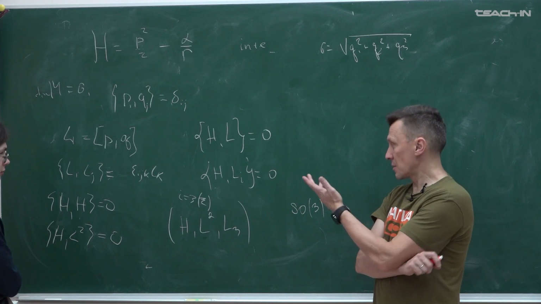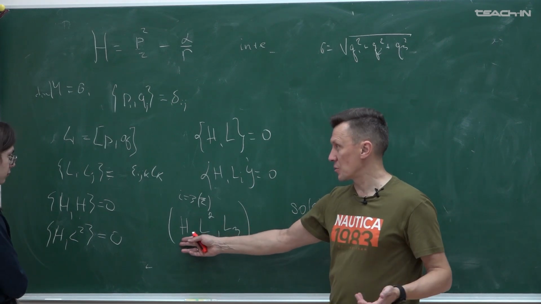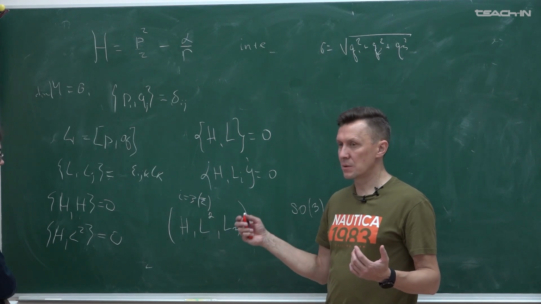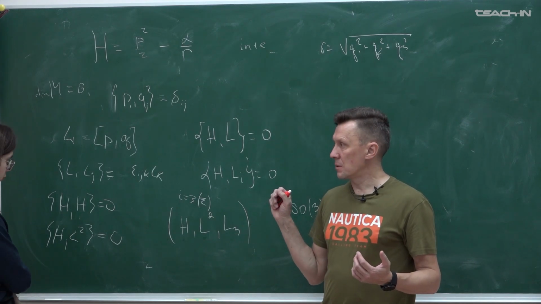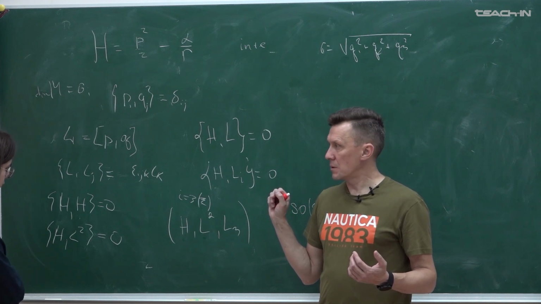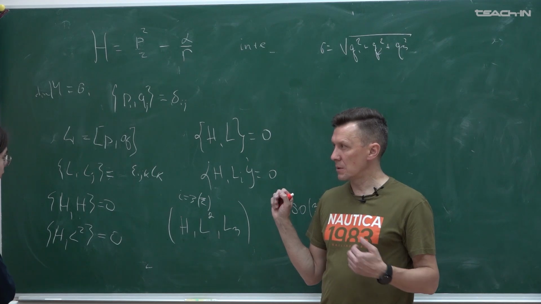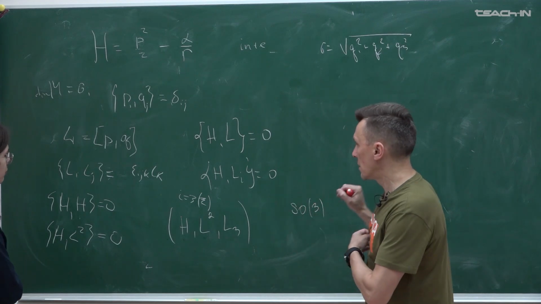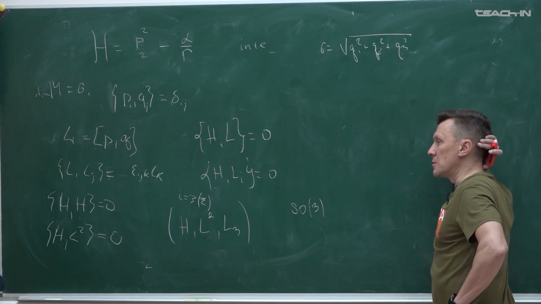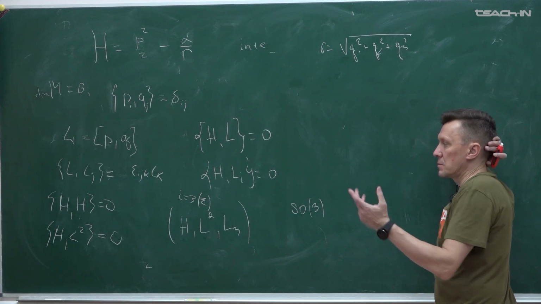And they are integrals because they commute with the Hamiltonian. Why are they independent? They are independent because the Poisson brackets between them are 0. No, no, functionally independent.